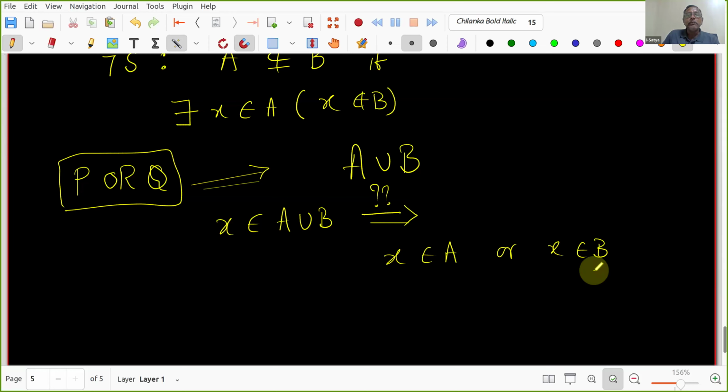If x is in B, I'll say it is in the union, right? If it is in one of them, it is in the union. This is true, that means x is in A. Then my entire statement is true. So this is actually a compound statement. x belongs to A union B is not a single statement. It is in A or B. It has to be, right?